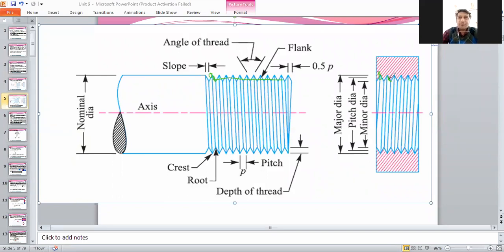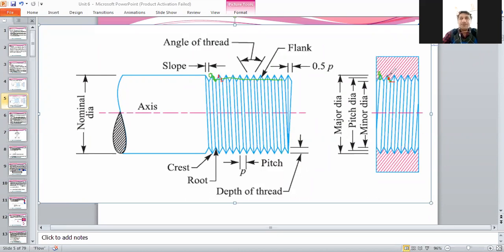These two points on the nut and bolt, I will take a different color. This point on the nut and this point on the bolt should always be in contact. Rest, at the valley or at the crest, it may not be in contact. This root and this crest may not be in contact with each other, or this crest and this root.